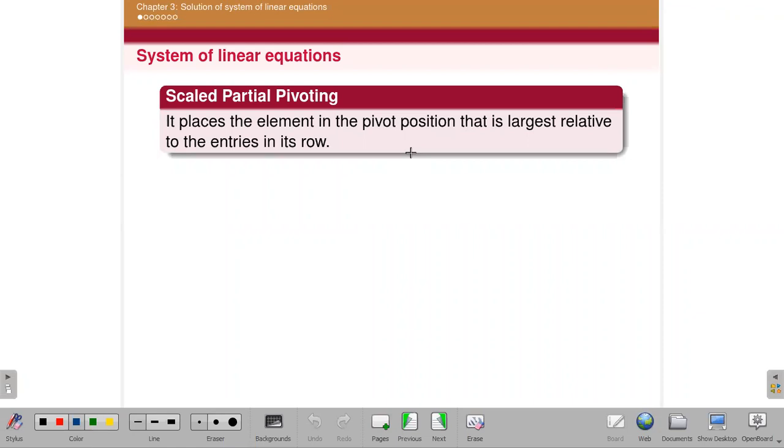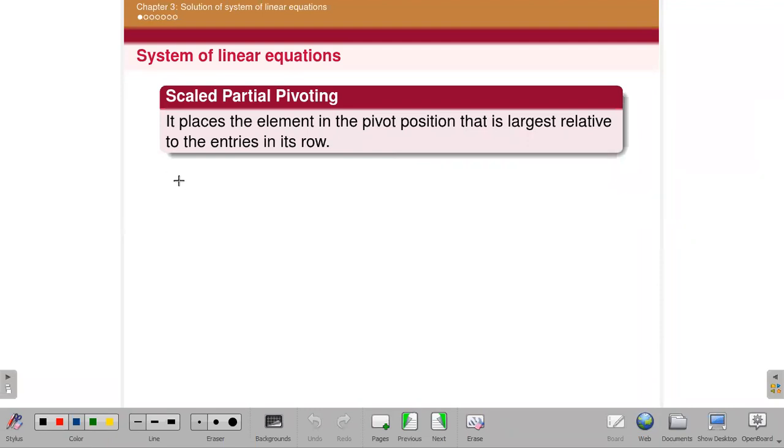Suppose you want to make the elements below the diagonal element 0, then you look into the entries of that column only. But in scaled partial pivoting, we take care of the full matrix, meaning we look according to the row also, and then choose our pivot element. It places in the pivot position the element that is largest relative to the entries in its row.